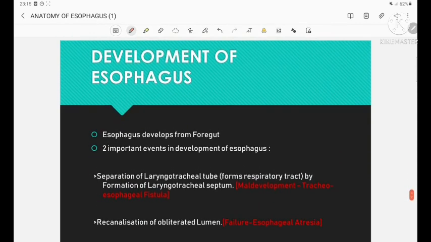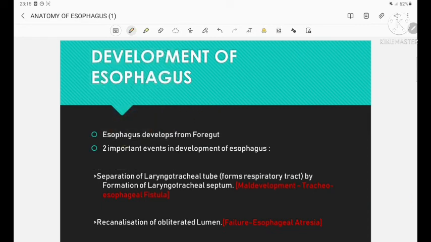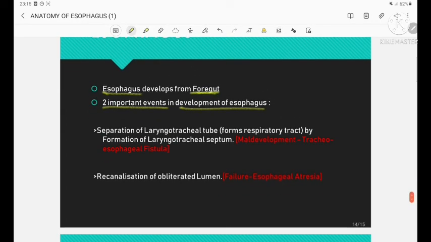Lastly, the development of esophagus. Esophagus develops from the foregut, and there are 2 important events in the development of esophagus. One is the separation of laryngotracheal tube, which forms the respiratory tract, from the esophagus by formation of laryngotracheal septum.